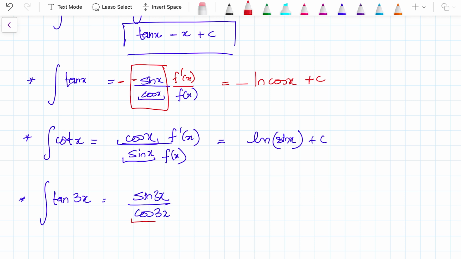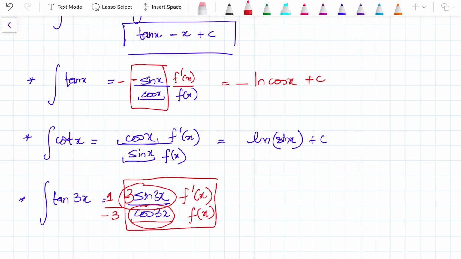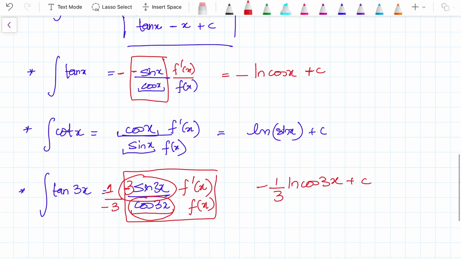What is the differential of cos 3x? The differential of cos is minus sin 3x multiplied by the differential of the angle. Now we need a minus 3 in the denominator because we're introducing something ourselves. Now this is the differential of the function, and this is my function. So this thing closes into minus 1 upon 3 ln cos 3x plus c.